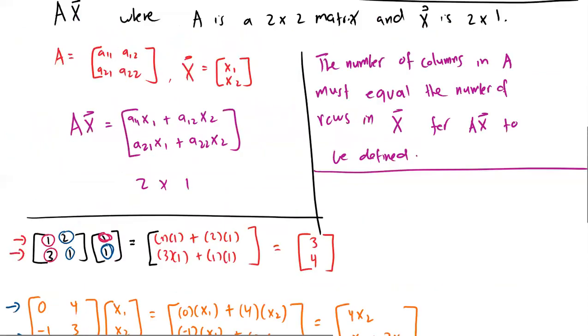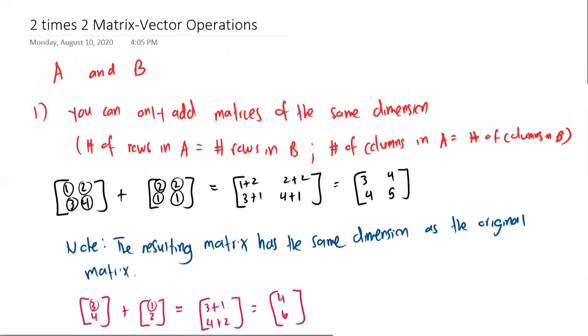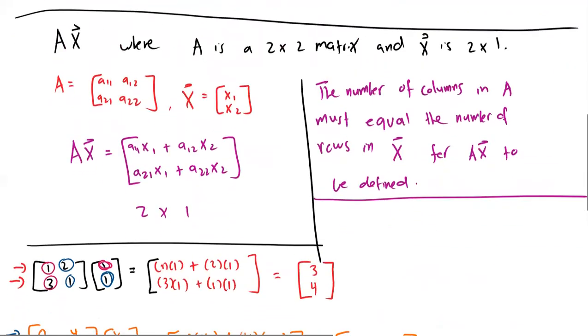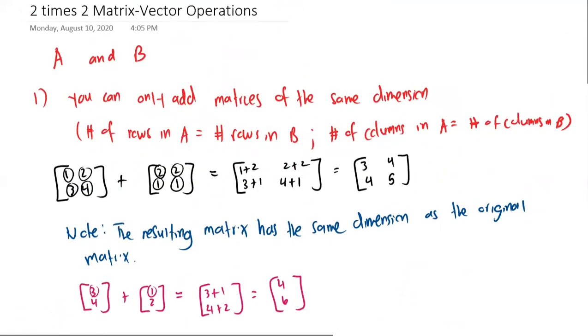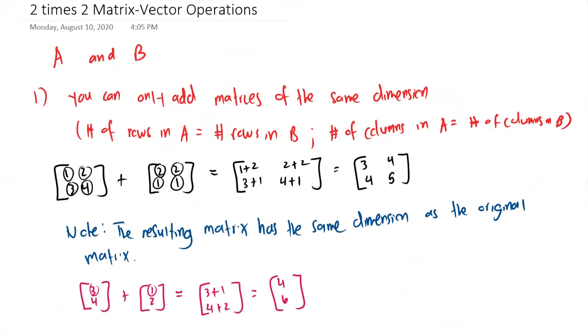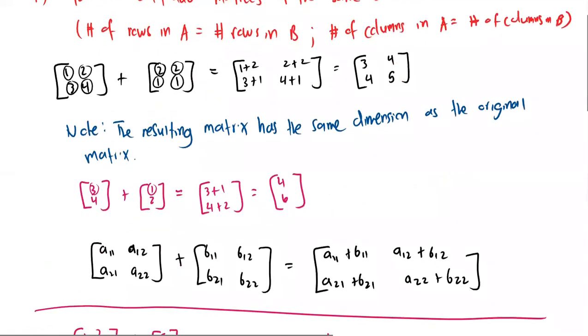And these are the three operations we're going to need to be able to find solutions to systems of ODEs. So, summarizing, for matrix addition, both matrices must have the same dimensions, meaning the same number of rows and the same number of columns. And then you just add entry-wise. You can add matrices, and you can add vectors because they're also matrices.